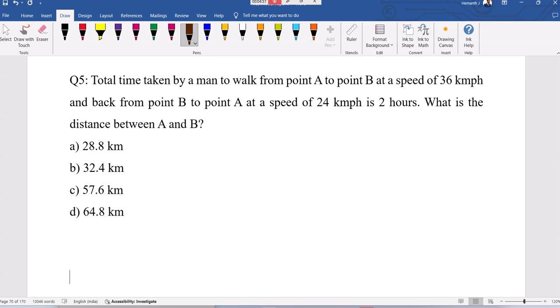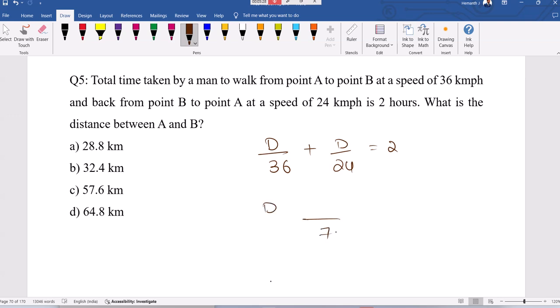Time taken by a man to walk from point A to point B at a speed of 36 km per hour and back at 24 km per hour is 2 hours. What is the distance? Yeah, it's average speed. Average speed is total distance divided by total time. So distance D at 36 km per hour and distance D at 24 km per hour, the time taken is 2.